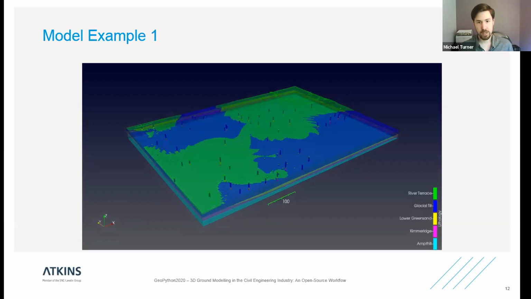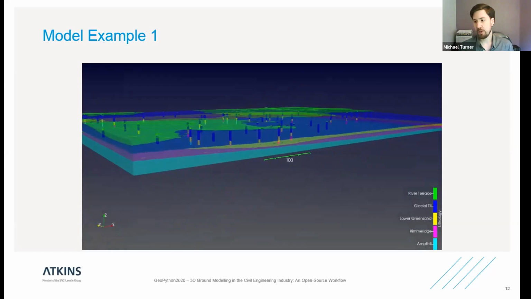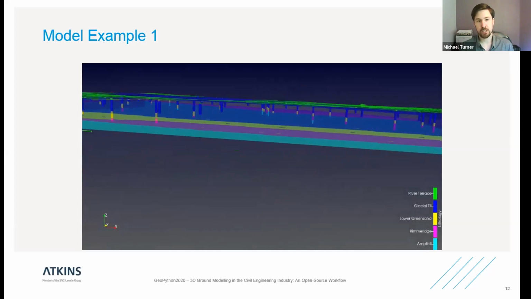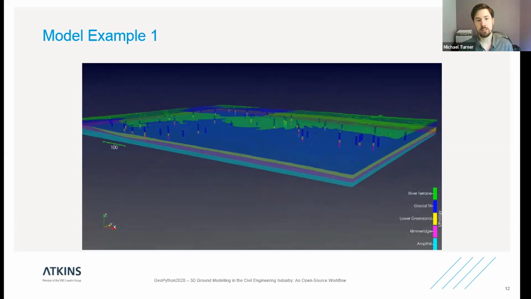If we turn off the made ground and just look at the natural materials underneath, then what can we see? If we look first at the deeper layers, these strata are more continuous across the site. And we can see that we appear to be getting quite reasonable changes in thickness and changes in level that pretty well reflect what's going on in the data.